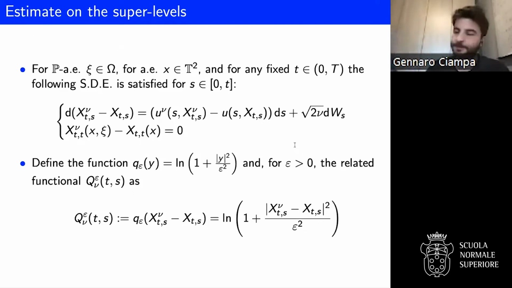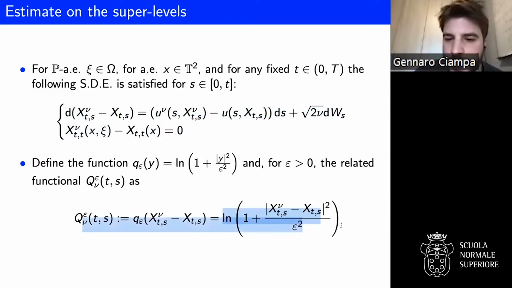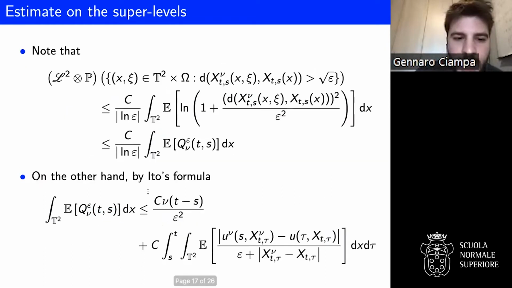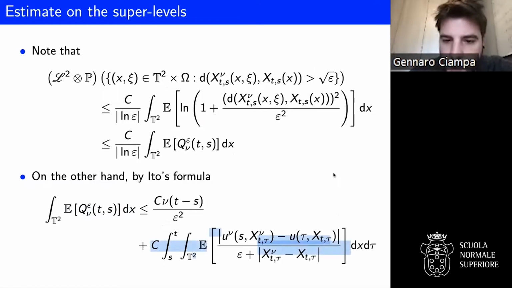So we write the difference between the stochastic and the deterministic flow. We obtain this here. By defining this logarithmic distance between the flows, we want to find an estimate on this quantity. So you estimate it from above by relying on Ito's formula. What you get is this term, which is the same you find in the deterministic case, and then this is the contribution due to the Brownian motion.